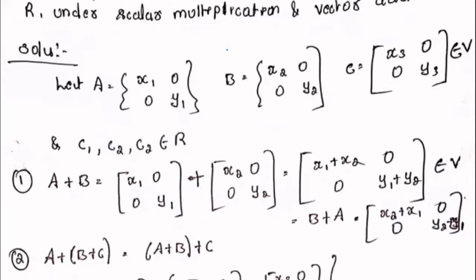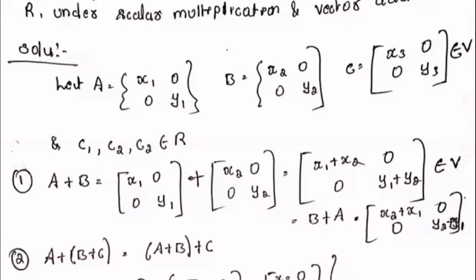In order to prove all the conditions, for the associative law you need 3 vectors, that's why we are considering 3 vectors. For the commutative law you need 2 vectors. And for the maximum number of constants, C1, C2 are required in the 7th and 8th conditions, so we are considering 3 constants. Let's consider vector A as [x1 0; 0 y1], whereas in the question they have given us [x 0; 0 y].